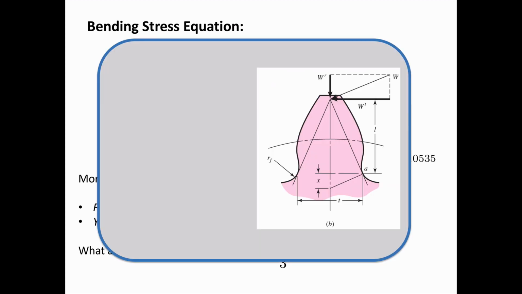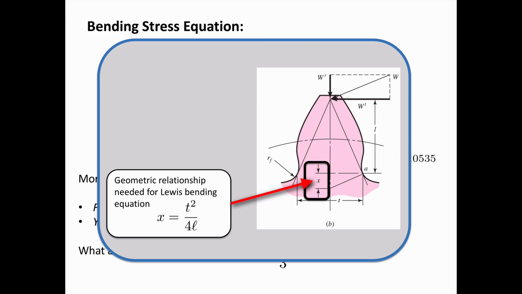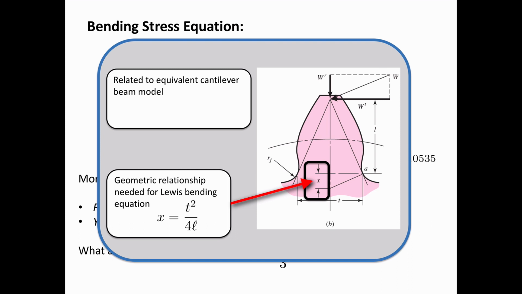Well, going back to this diagram of a gear tooth, we can see what x is right here. It's a particular dimension, and there's a geometric relationship here that's needed for the Lewis bending equation. And x here is defined using similar triangles. That's equal to t squared divided by 4L.